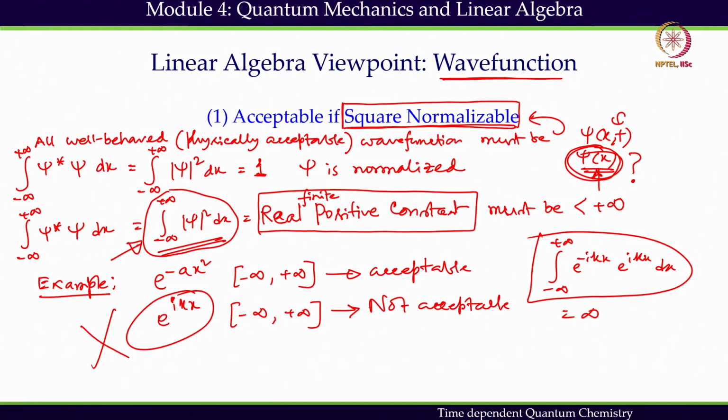So one thing we have to remember is that I can propose a wave function, but in the end I definitely need to check whether that wave function is acceptable in quantum mechanics, and that can be checked by taking this integration and finding out whether I am getting a real, positive constant value. One interesting mathematical fact about all square normalizable wave functions is that they all follow the property of a linear vector space.